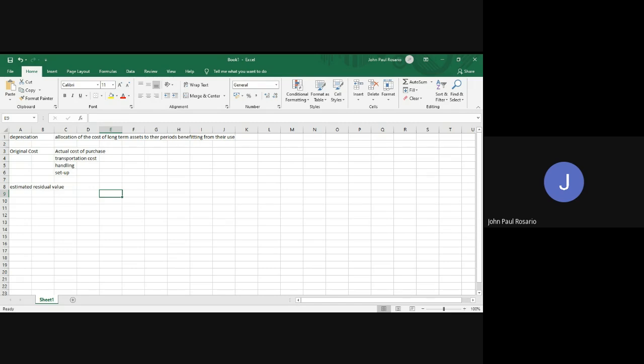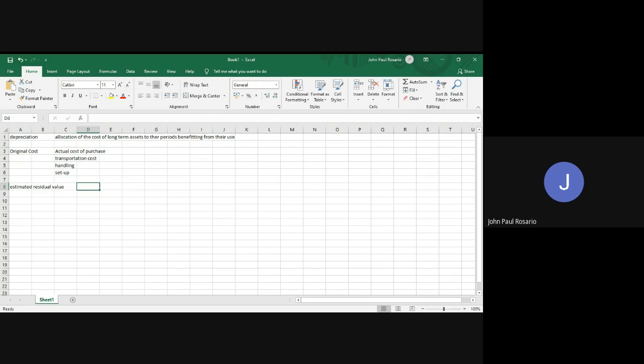So it is the value of your asset at the end of its life. Sometimes it's zero, sometimes you can sell it for scrap. It doesn't mean that this is the actual amount that you will receive once you retire the asset, but it is just an estimate.